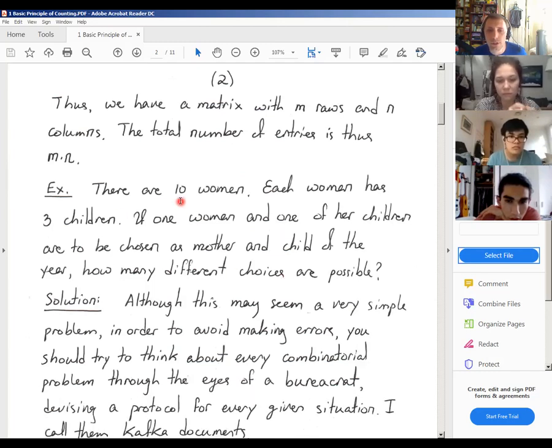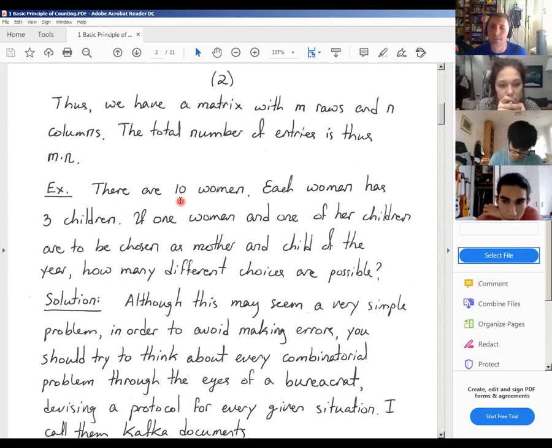So naturally, I can assign to each woman a tag. She's holding a tag, woman 1, woman 2, all the way to woman 10, yes? And each of her children will also be wearing tags, 1 through 3, let's say, okay? So then I have a pairing, right? I can describe the situation as a vector.